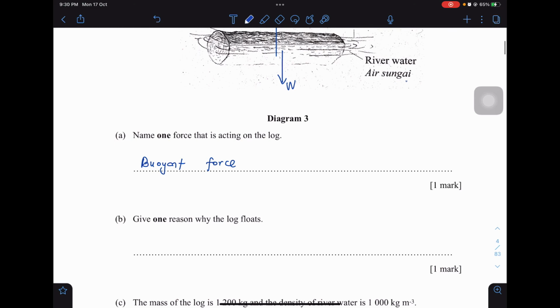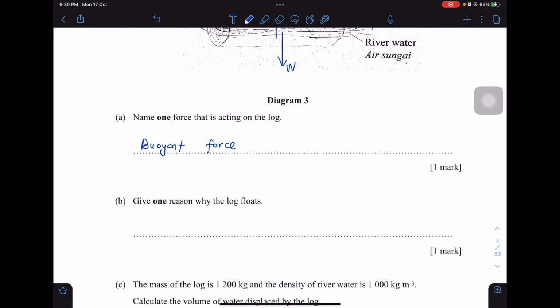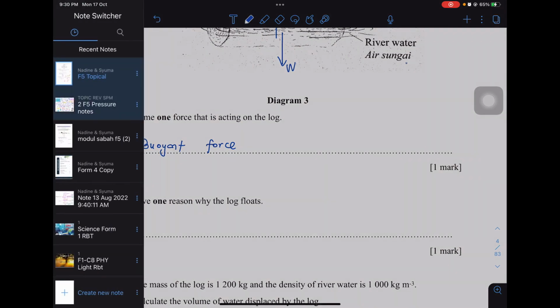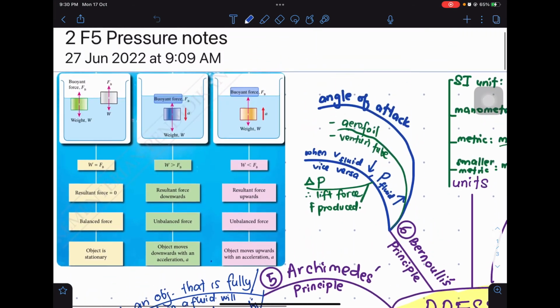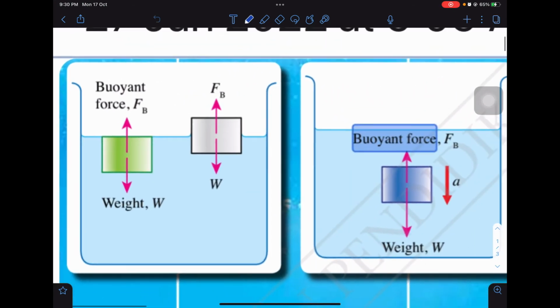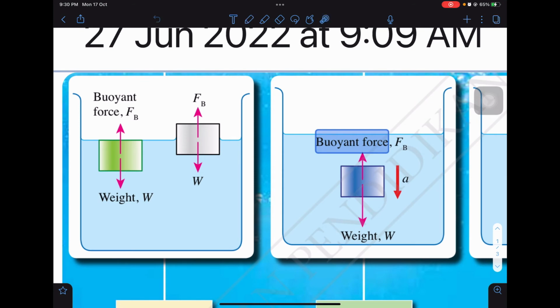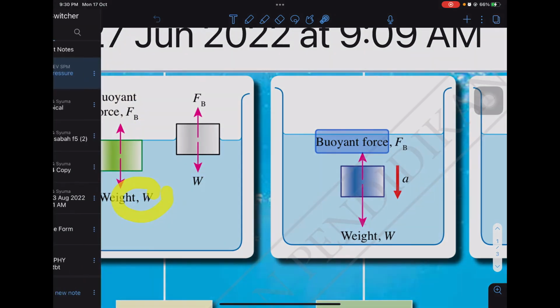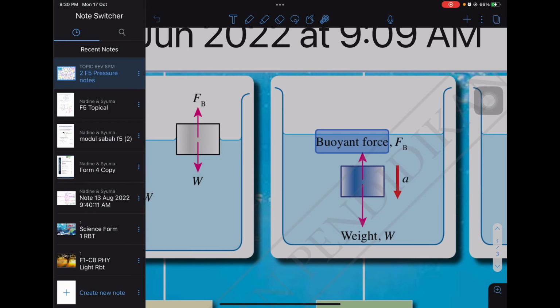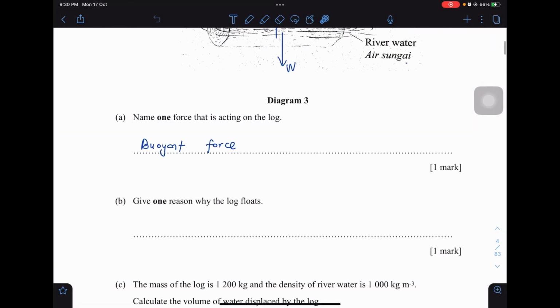Next, give one reason why the log floats. You need to know that when an object is floating, it is because the buoyant force is equal to the weight. The buoyant force balances the weight. So it doesn't go up, it doesn't go down, it isn't sinking, it isn't accelerating upward.